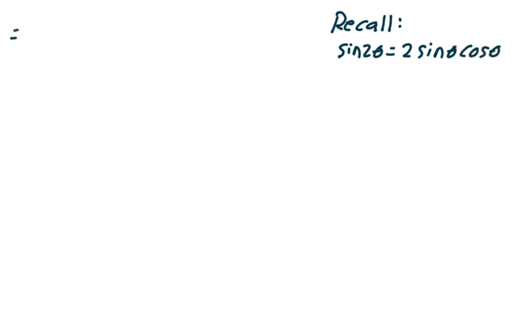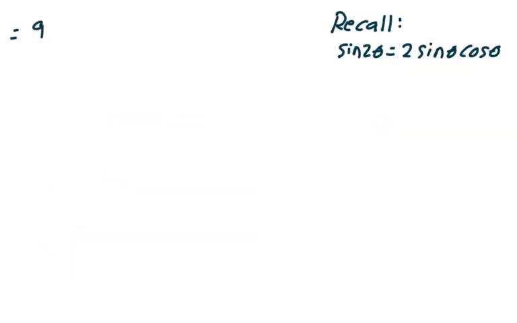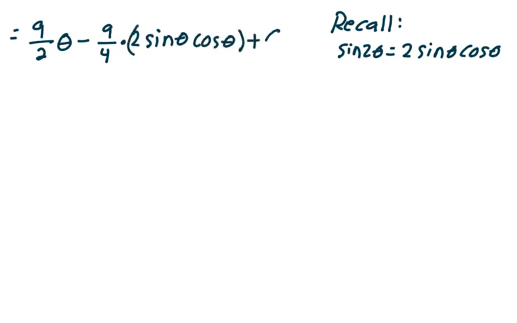So I'm going to distribute the 9/2 in. So I get 9/2 theta minus 9 over 4 times 2 sine theta cosine theta, right, plus c.